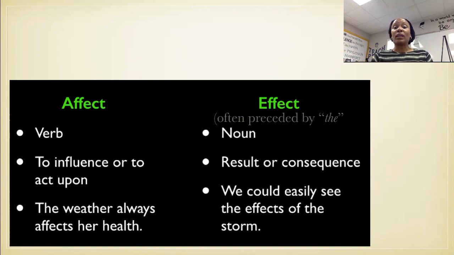It is a noun and it's a result or a consequence. So, the example we have here is we could easily see the effects of the storm. In other words, as a result of the storm, we were able to see things like debris lying in the road or windows being shattered. All right, so just know the difference between the two. Again, different parts of speech, different function.